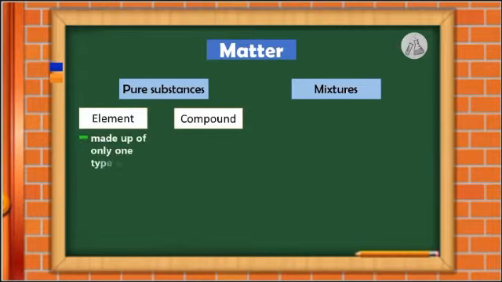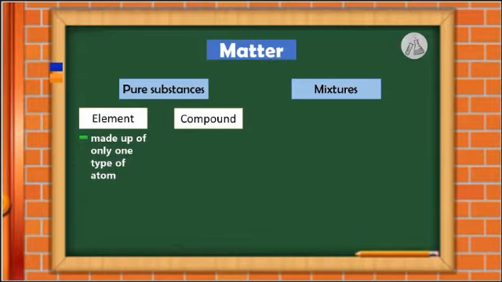Here, when we say element, it is made up of only one type of atom. We all know what an atom is. Atom is the building blocks. Kung human, our building block is the cell, the basic unit of life.